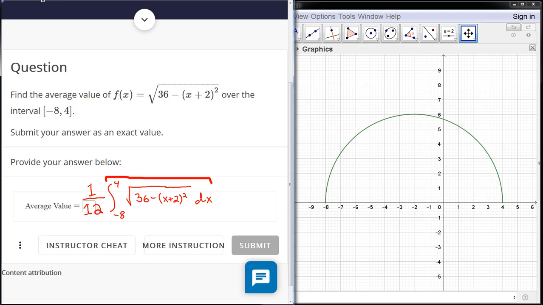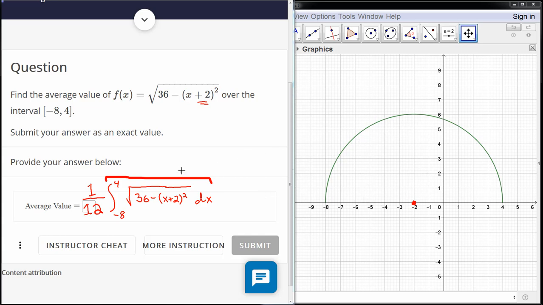What we got right here is the graph of this function, and sure enough, it does look like a circle, in fact, it looks like a circle with radius 6. I keep saying circle, I probably should be saying semicircle. And I think the center is where x is -2, which we were predicting. So, great.